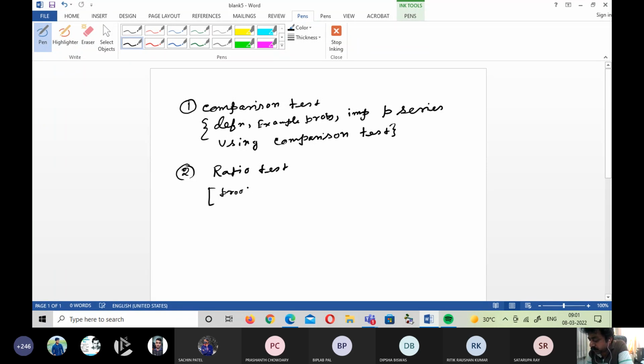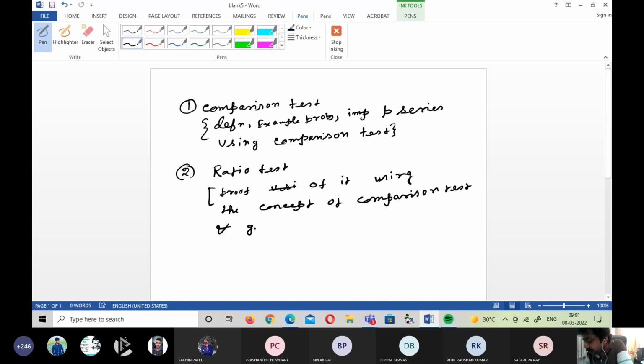The proof of it using the concept of comparison test and geometric series.